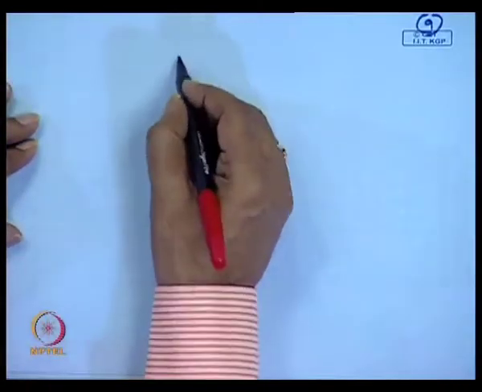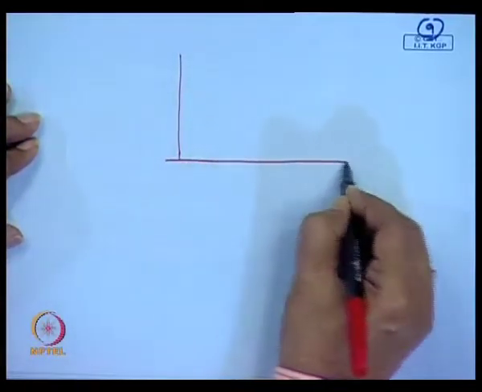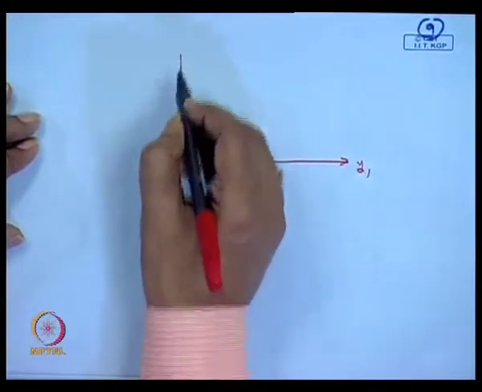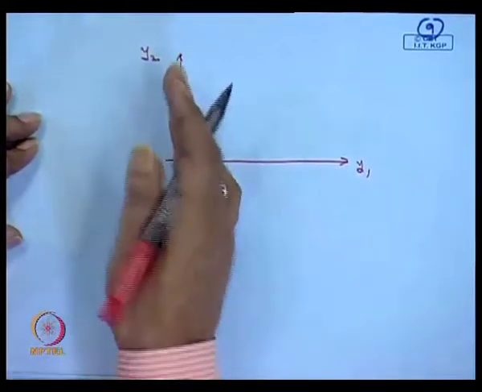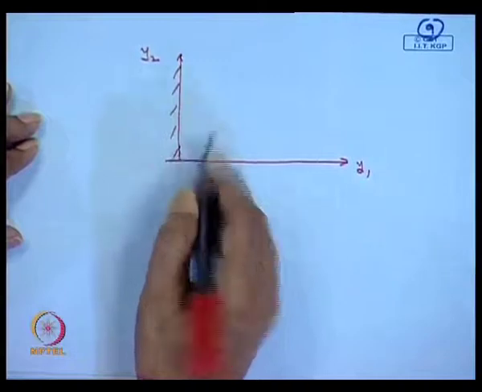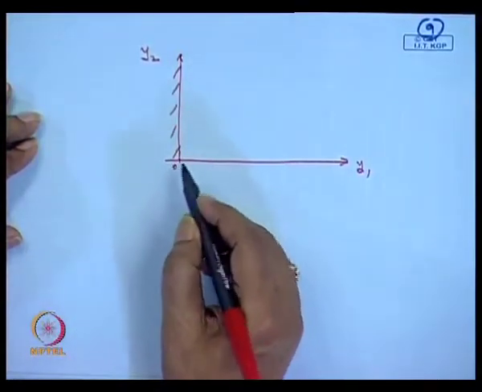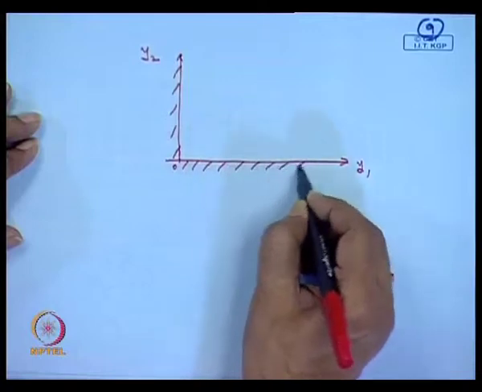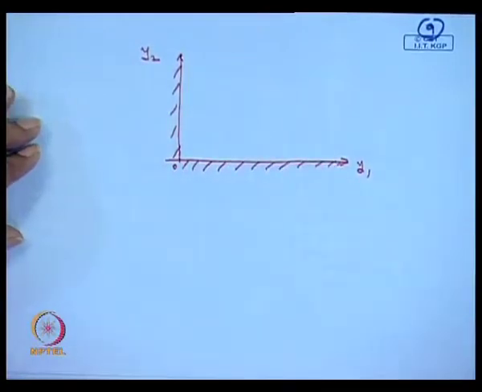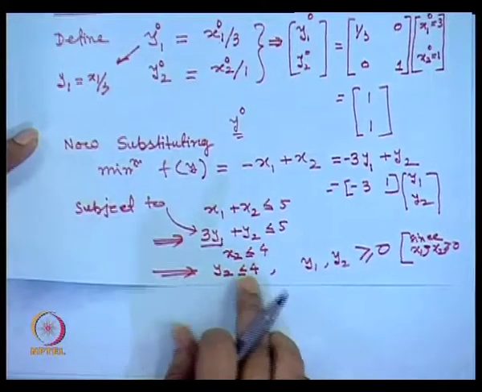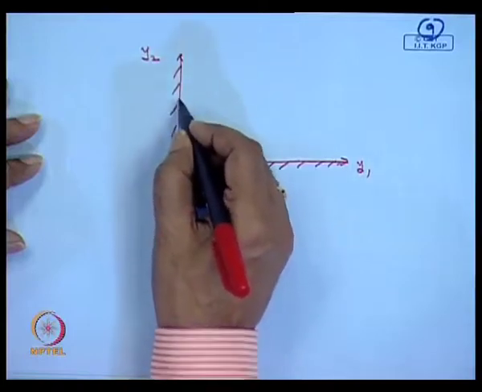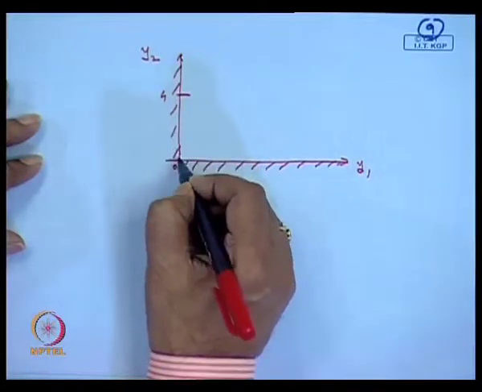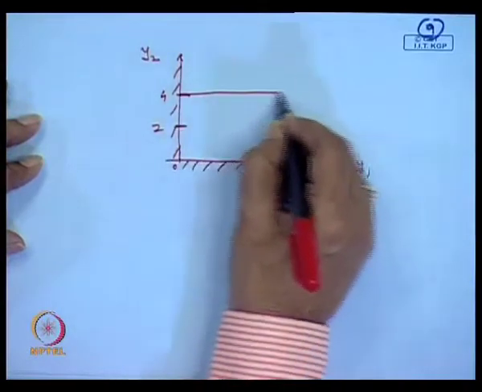Our new transformed variables are y 1, y 2, and y 1 greater than or equal to 0 indicates this side, and y 2 greater than or equal to 0 indicates that side. And we have another constraint in the transformed coordinate axis, y 2 less than or equal to 4. Suppose this is 4, 1 2 3 4, and this is 2.